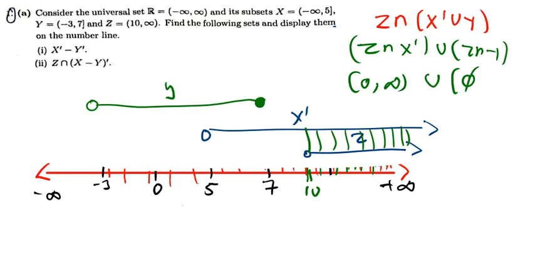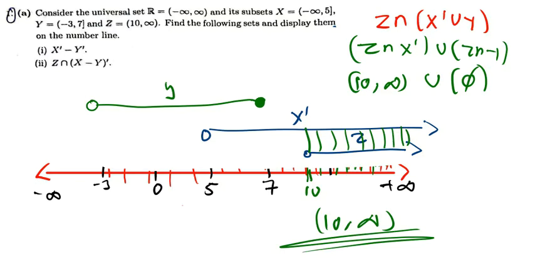So 10 comma infinity union empty set is 10 comma infinity, like that. You choose which one to go with. As simple as that, guys.